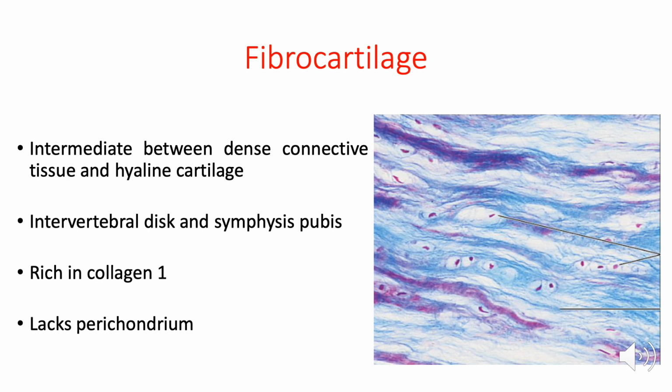The two areas in the body that contain high amounts of fibrocartilage are the intervertebral disc and symphysis pubis, and I will be describing them later on. Another unique characteristic of this type of cartilage is that it doesn't have a boundary, meaning it doesn't have a perichondrium.